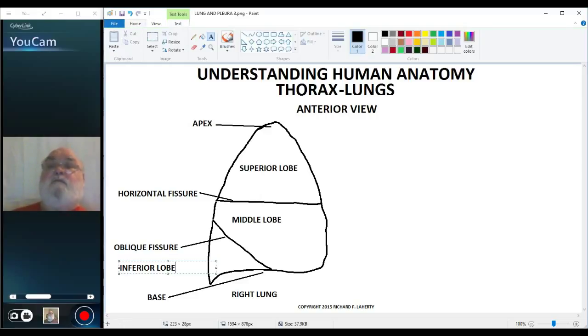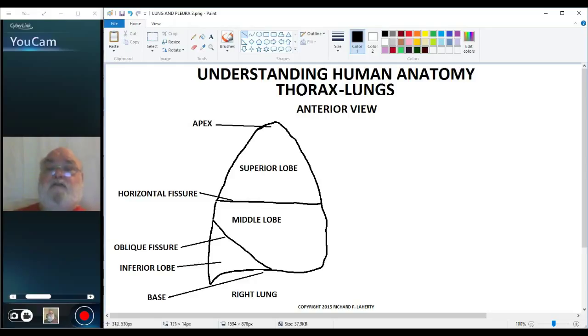And there's not room to put the label within the lobe, so I wrote it to the side, and I'll draw a line in to the lobe. So 3 lobes of the right lung.